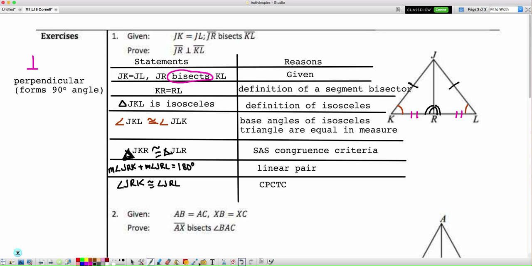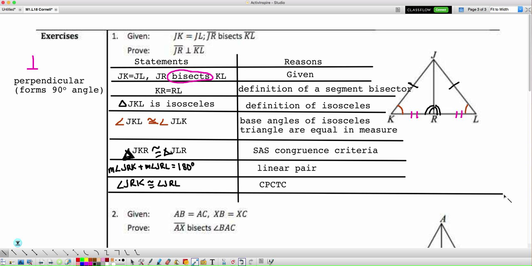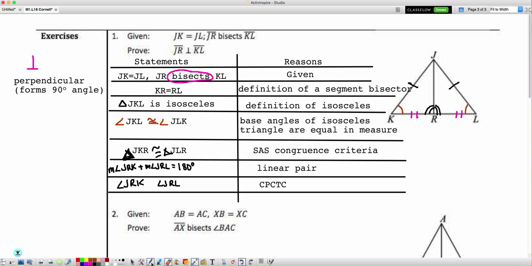Now, we're almost finished, which is good because I am almost out of room. If those two are equal to each other, then I'm going to change the way that I wrote this. So I'm going to say the measure of JRK is equal to the measure of JRL.